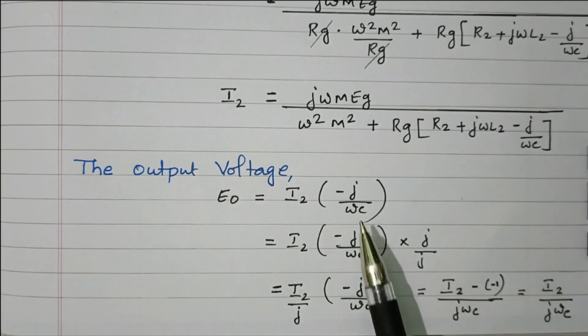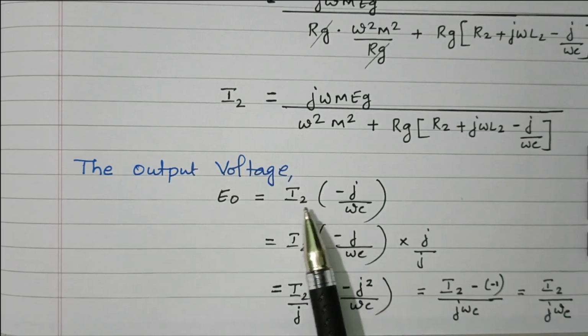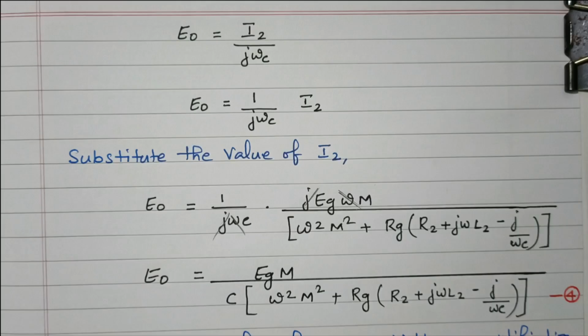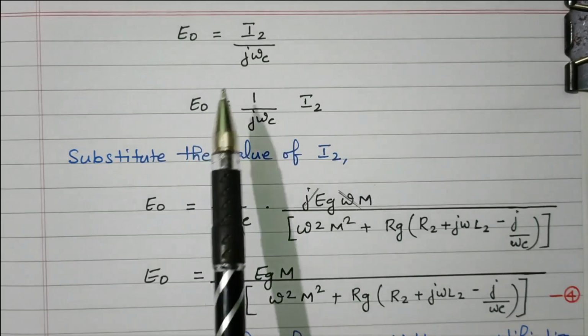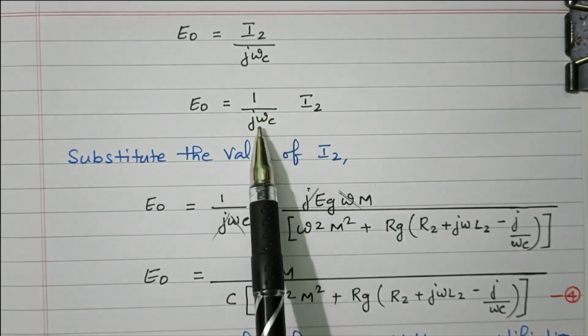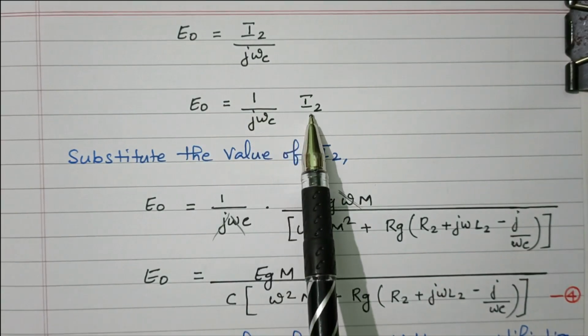In order to bring the j into the denominator, we multiply and divide by j. Now I2 times minus j by omega C becomes I2 divided by j omega C. Here negative becomes positive. Now for further simplification, E0 equals I2 divided by j omega C. Split the terms: 1 divided by j omega C into I2.